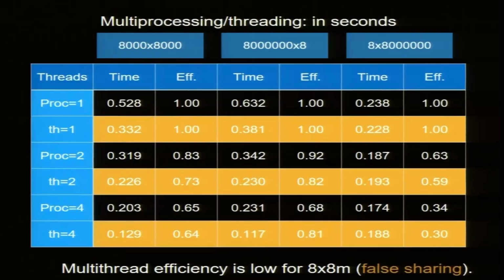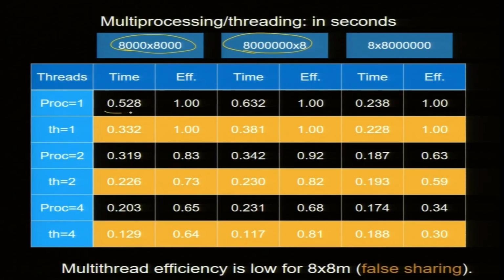Turn off unnecessary processes and run them. Okay. So, here I am comparing multiprocessing with multithreading. We have these 3 configurations: 8000 by 8000, 8 million by 8 and 8 by 8 million.